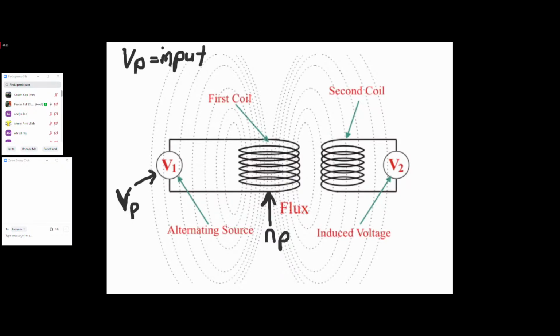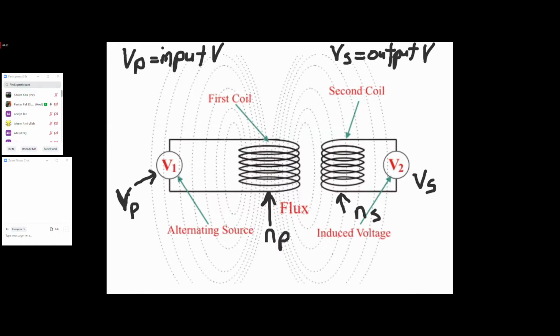Then there's a secondary coil, with a number of turns in the secondary coil. The secondary voltage is the output voltage.